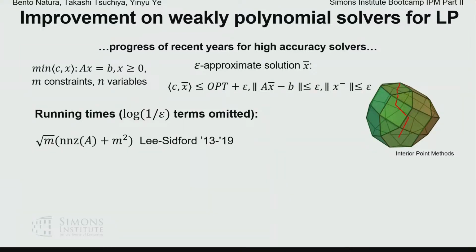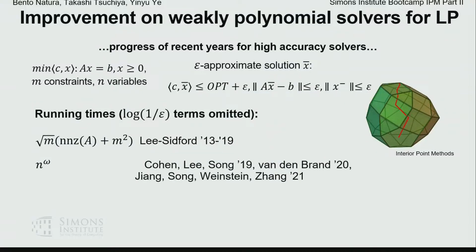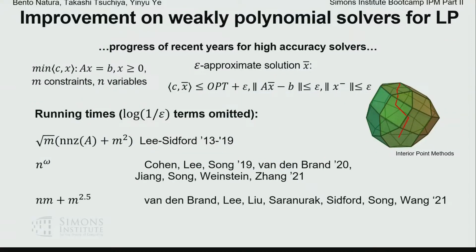So now you can reduce this to n to the omega. What's omega? It's the matrix multiplication exponent, those magic numbers. It's theoretical. Of course, they also have nm plus m to the 2.5. Is that true? Yes. So this is the most recent paper. All of this counts operations, but there was log 1 over epsilon.